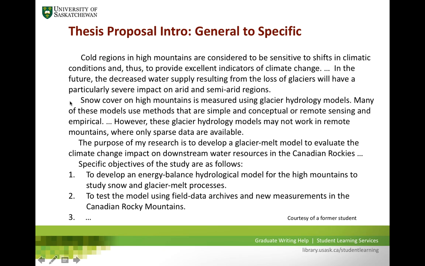And then the student moves on to talk about models or methods for measuring snow cover on high mountains. In fact, I've left some out here where he describes these various models. Then we get the research gap, or the research problem here. And then he comes in and introduces his own research and his own objectives.